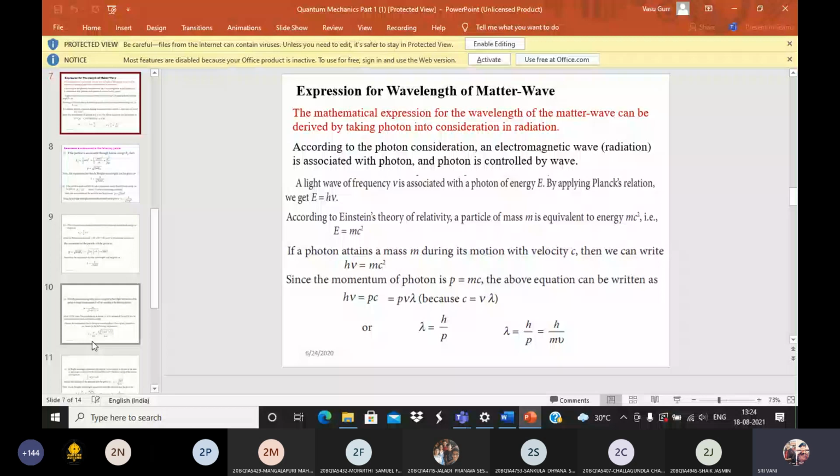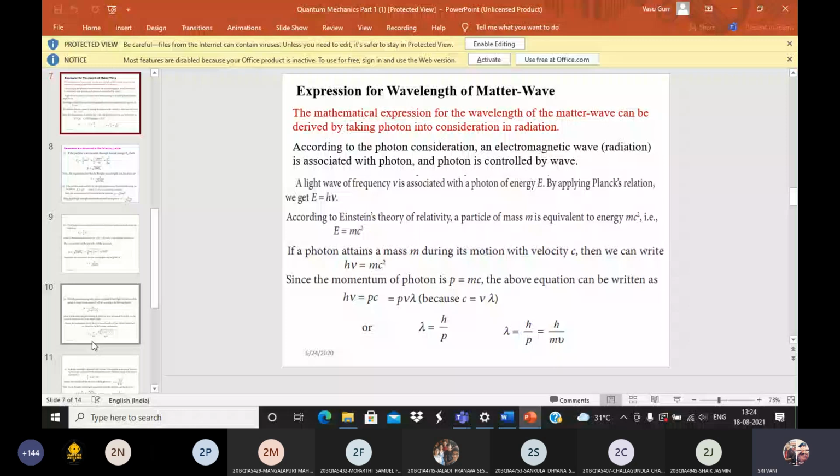If they give kinetic energy, then lambda is equal to h by root of 2m Ek, and if they give potential, lambda is equal to h by root of 2m qE. If they give temperature, then lambda is equal to h by root of 2m qT. So, based upon the given value, we have to choose the suitable formula for the model.